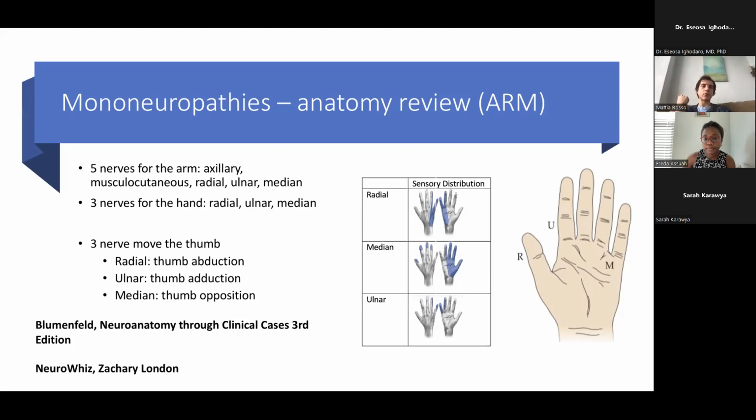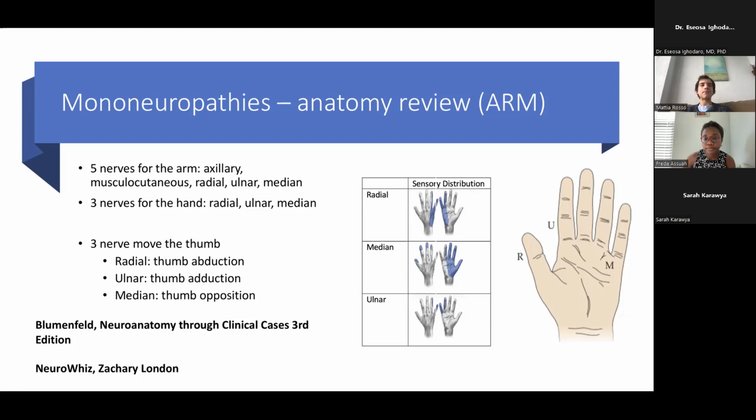So pretty straightforward there. And then the three that are harder to remember are the nerves of the hand: the radial, the ulnar, and the median nerve. Now, there is this mnemonic that I found in Blumenfeld, a great book by the way, for anyone interested in neurology at all levels.